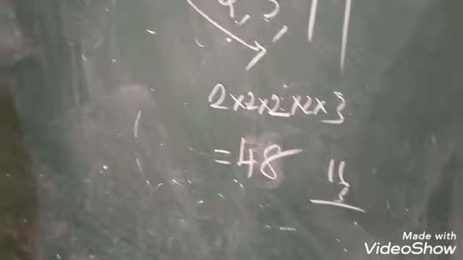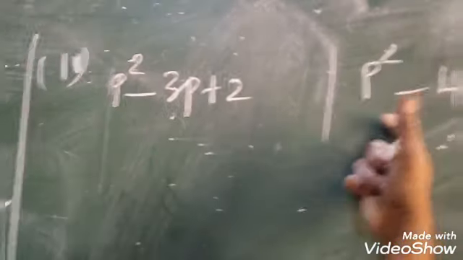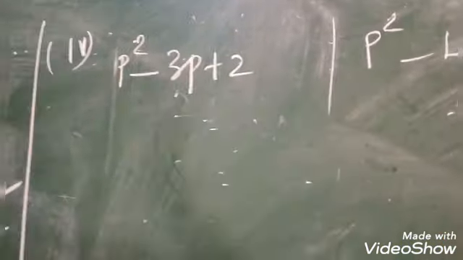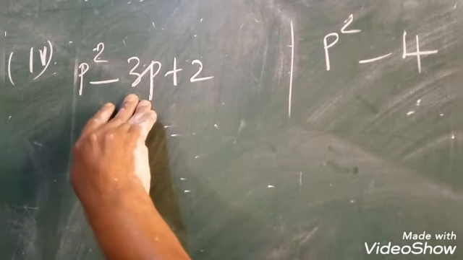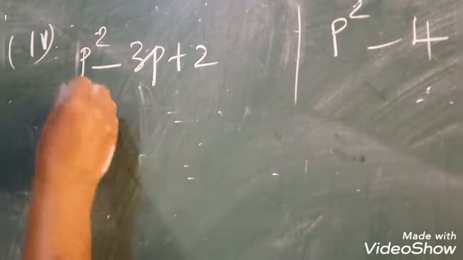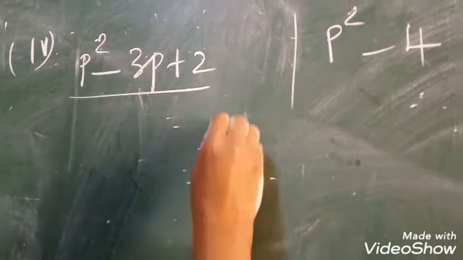See the fourth sum girls. Here the given term is p squared minus 3p plus 2. This is a quadratic equation. The next one is p squared minus 4. Two terms are given. You want to find out the LCM. If you want to find out the LCM, before that you want to find out the factorization. Factorization we very well know: the multiplication is 2. If you add or subtract, you will get minus 3.